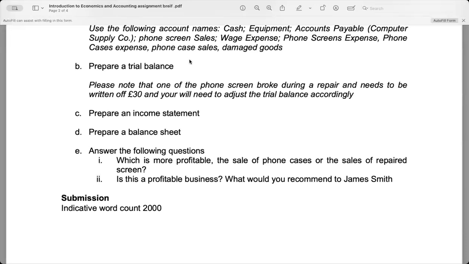Attach all required financial statements: trial balance, income statement, and balance sheet. Ensure correct referencing and attach a reference list if external resources are used. Save the file in the required format, Word document or PDF, as specified by your institution. Finally, submit your assignment via the designated online portal.